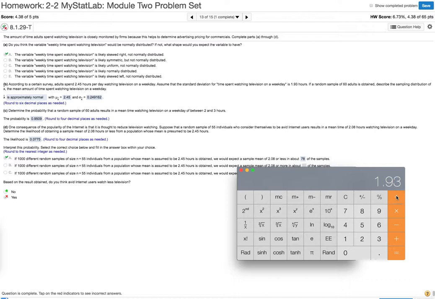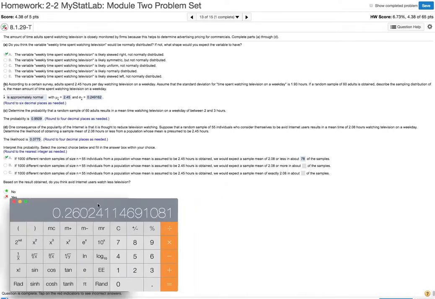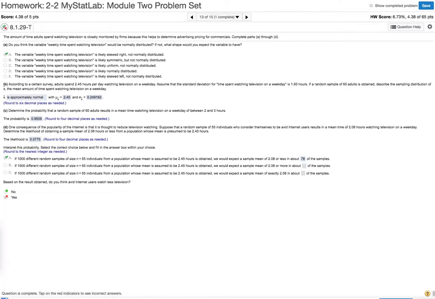So divide it by, and then the sample size is 55, and then I have to click this to take the square root of the 55, and then I click equals. Your calculator may work differently. This is how the calculator on my PC works. So now we have the sample standard deviation, and then what I'm going to do is open back up.